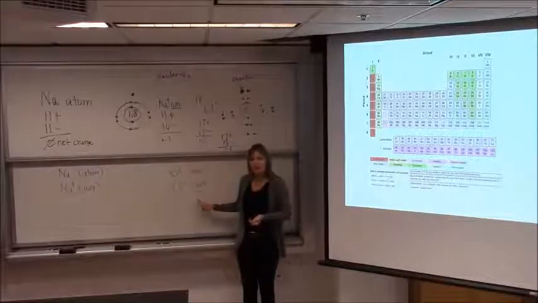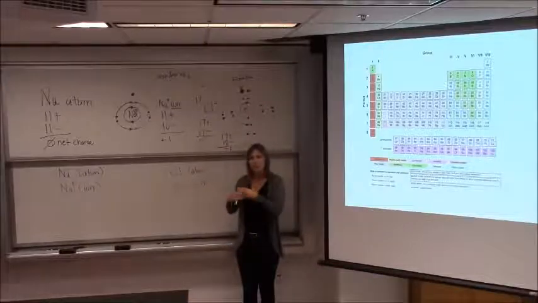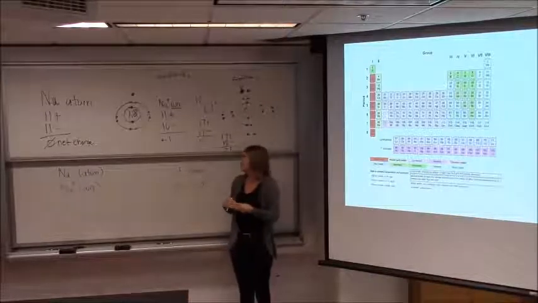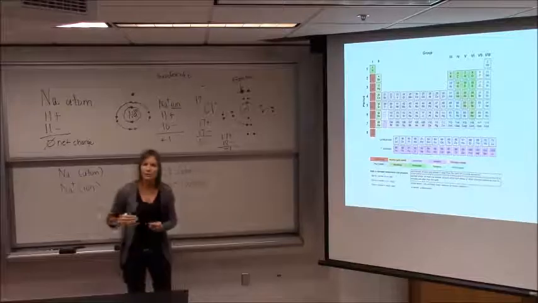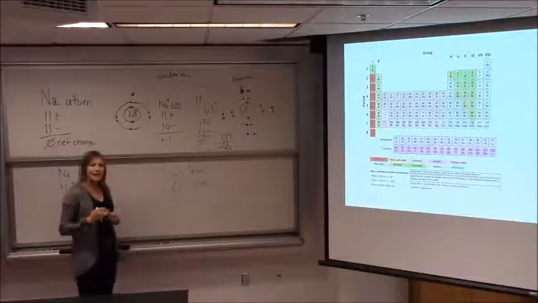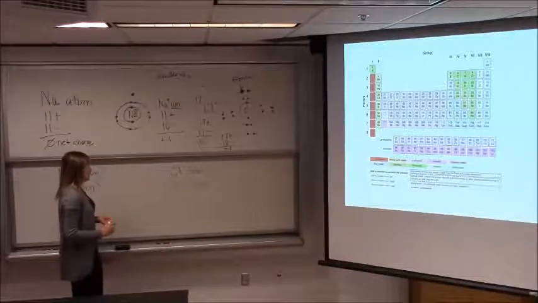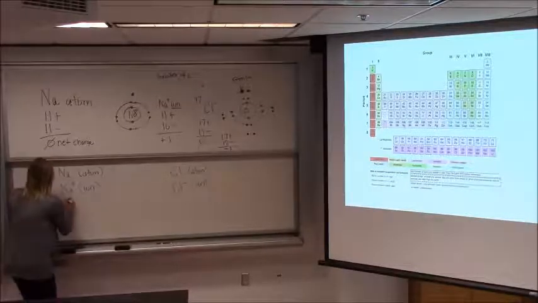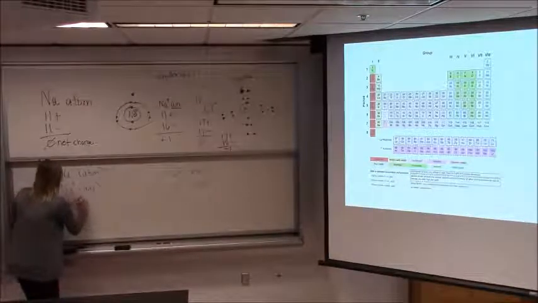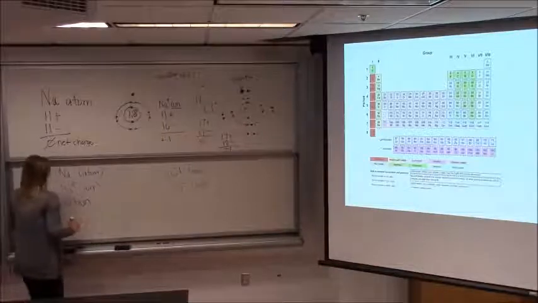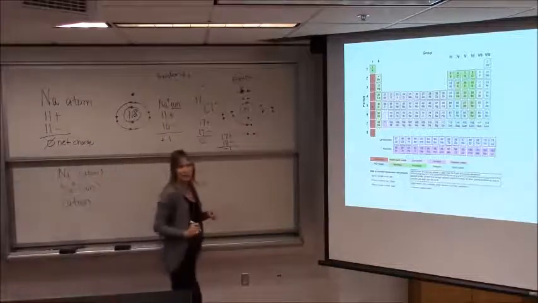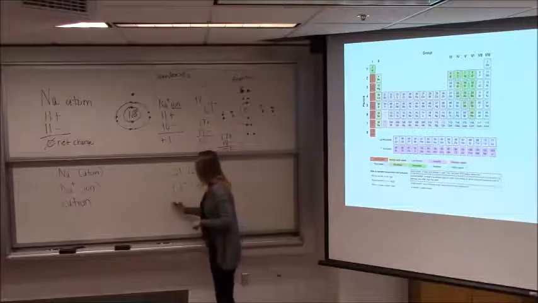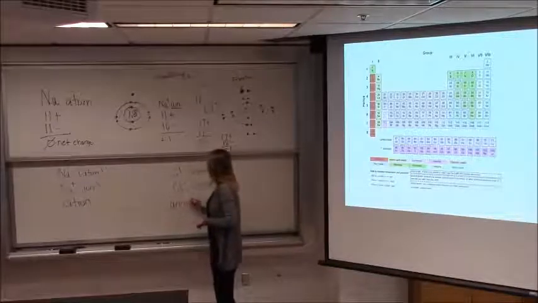It becomes an ion when that becomes unbalanced. When it either gains or loses electrons, and now it has a net electrical charge. If it's a positively charged ion, we call that a cation. If it's a negatively charged ion, it's called an anion.